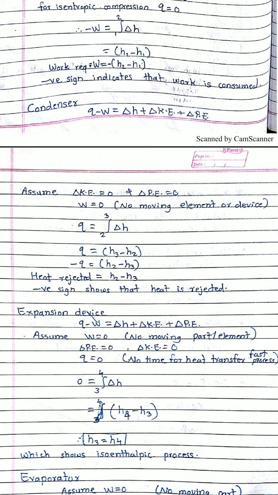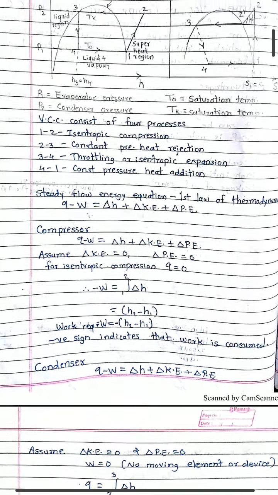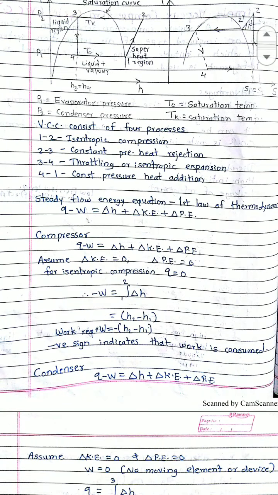If we substitute the limits, Q is equal to H3 minus H2. Now if we look at this diagram, H3 is less and H2 is more. So if you are taking H3 minus H2, the value can be negative.